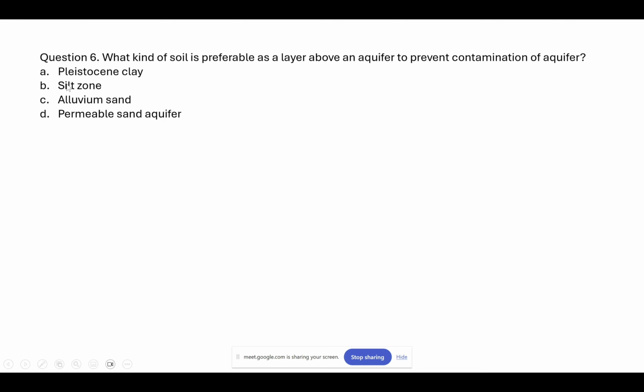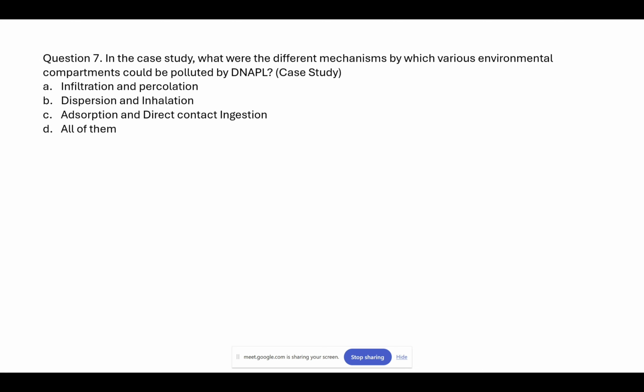That's why clay is used. Silt, alluvium sand, and permeable sand aquifers have very high hydraulic conductivity, so in these, the contaminants will travel very fast. That's why Pleistocene clay layer is used. So A is the correct answer. So let's move to the next question.